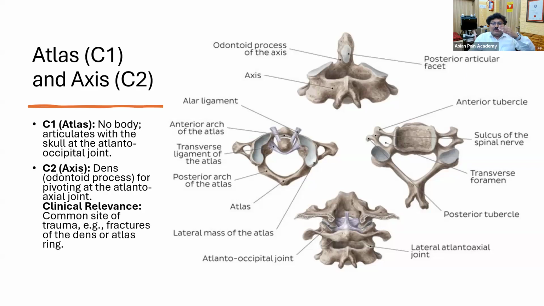In fact, from above, C2 is the first bifid spinous process that we see. And in the anterior side, we can see the dens or the odontoid process that joins with the axis. Clinically, you all know if there is a break at this area, it's a life-threatening condition because it can compress the spinal cord or the medulla oblongata.